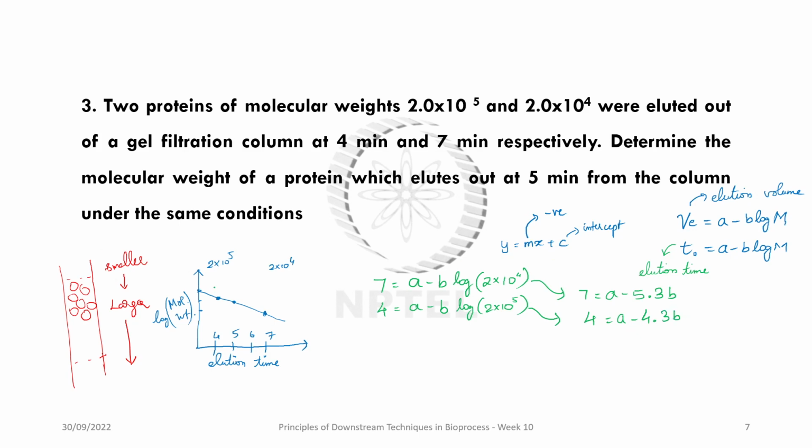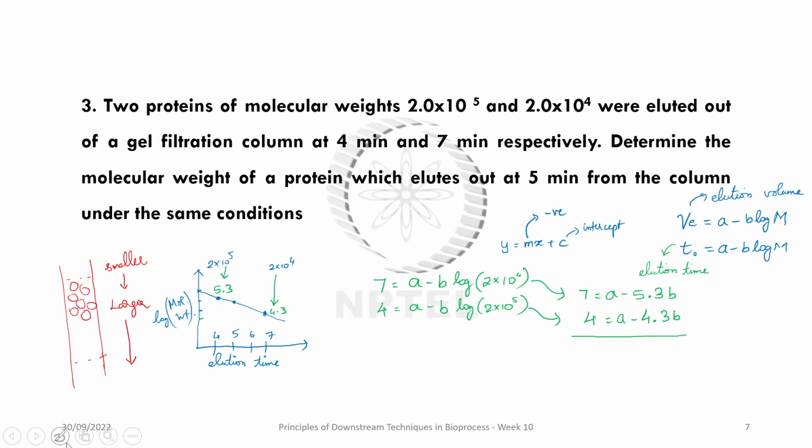So we know that this is 5.3, this is 4.3, correct? In log terms.